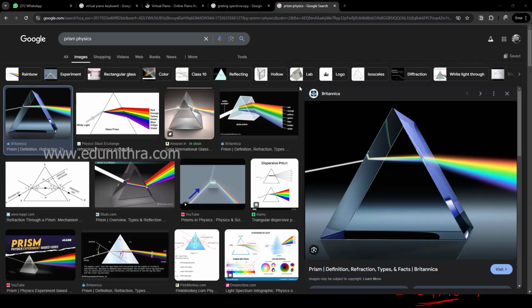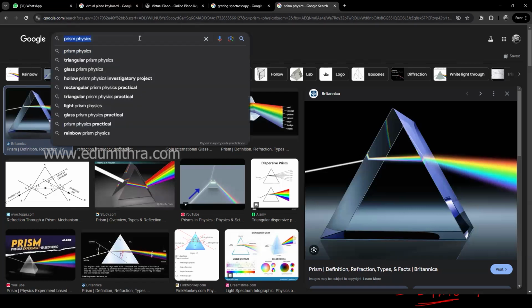For example, it happens even in waves actually. Diffraction of waves, not light, waves. I will show you some pictures here.